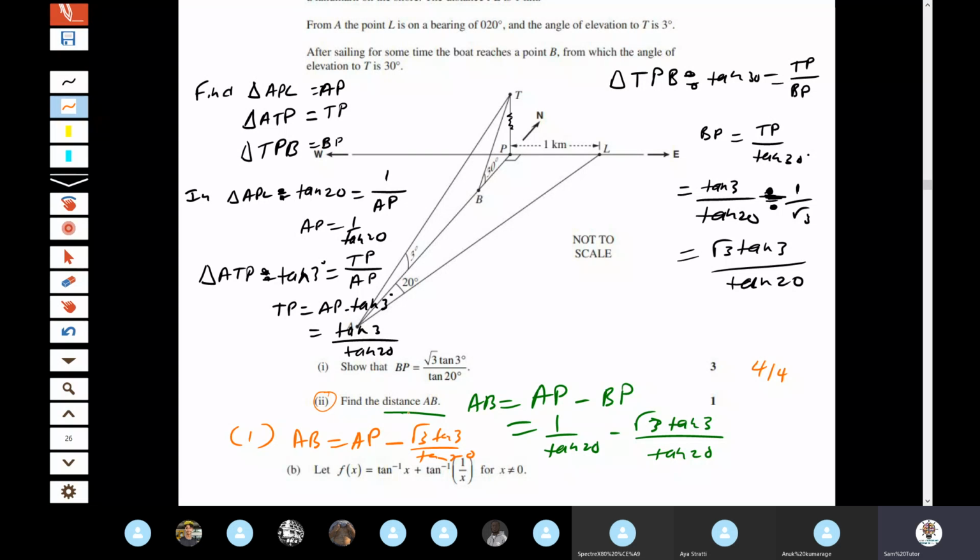But if you had found AP, you could have actually got part (i) out. So it shows us you actually understand what to do for part (ii). So we have to give you a mark. We can't deduct the mark, because it's not like you didn't know what to do.